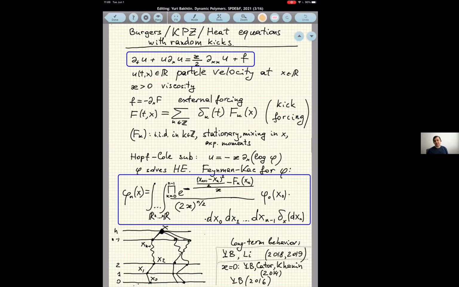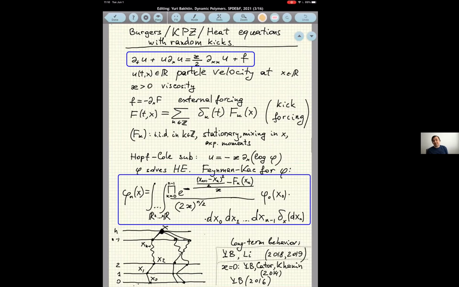It's just like the Feynman-Kac formula that you all know, except instead of the Brownian motion for the usual heat equation, this is time discrete, and so this is based on a Gaussian random walk, and the exponential weight is modified by the external potential F_k.